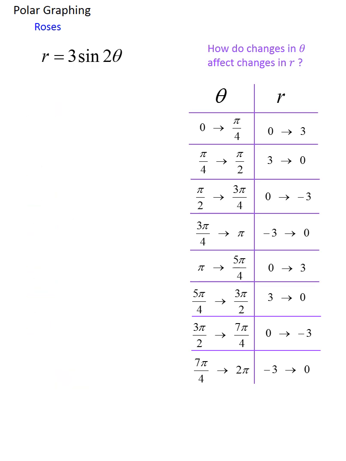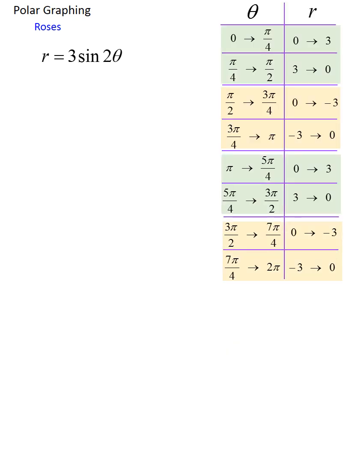And of course the question is, how do these changes in r affect the graph? First, let's watch what happens as theta sweeps from 0 to pi over 4. In other words, through the first half of the first quadrant.